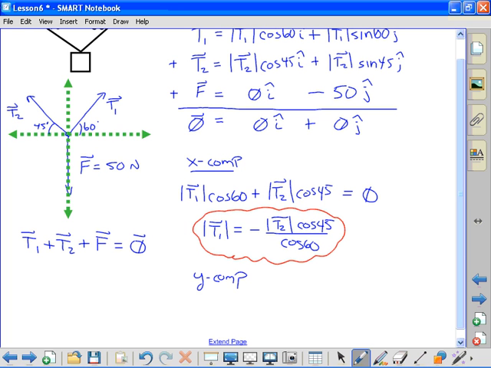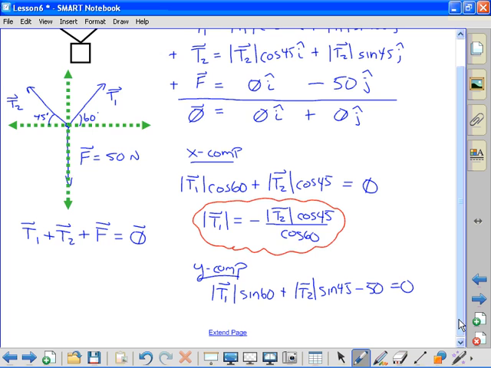Y component. So I'd have magnitude of T1 sine 60 plus magnitude of T2 sine 45 minus 50 equals 0.